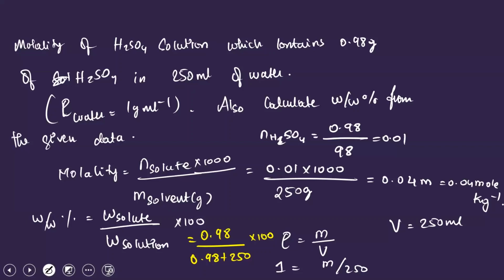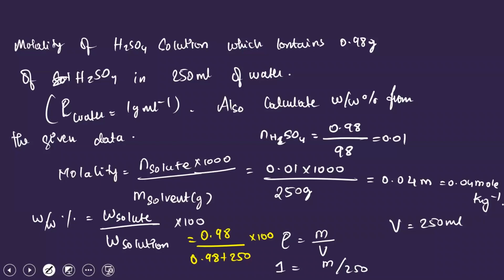So whenever we take weight of solution, it implies that we are taking weight of solute plus weight of solvent. அவ்வளவுதான். Final answer என்ன வந்து calculate பண்ணியா? இது நீ அப்படியே ஃபுல் கால்குலேஷன் போடணும்னு அவசியம் இல்லை.